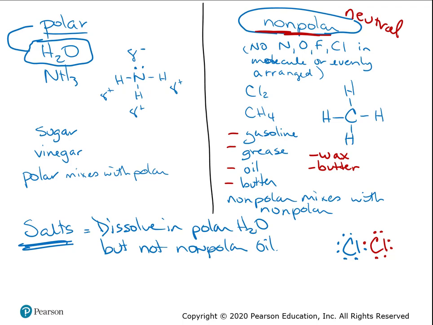So things that are polar, things that are ionic, they mix. Things that are polar mix. As long as they have even a little bit of a charge, they can mix with ionic. But things that are non-polar don't mix with ionic.